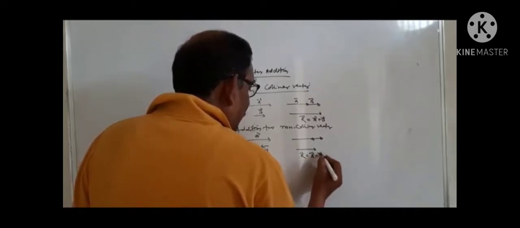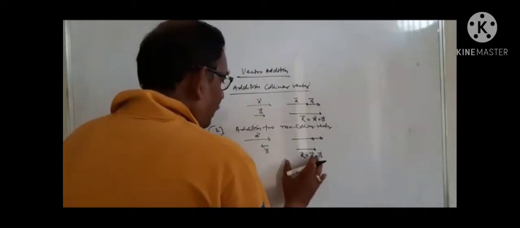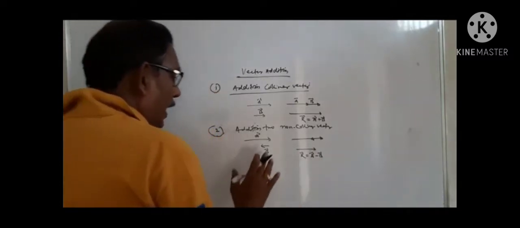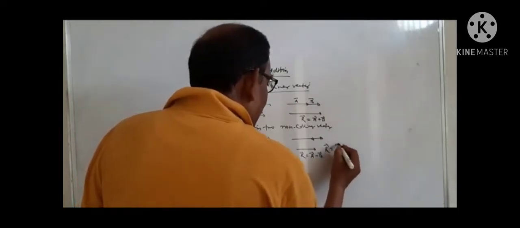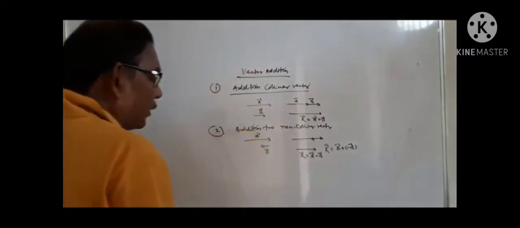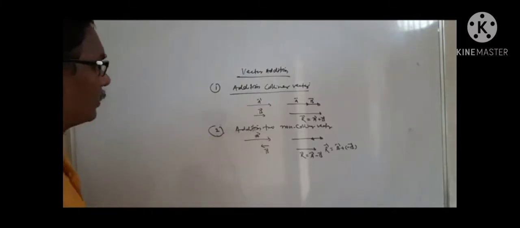So this is your R equal to A minus B. You subtract, R equal to A minus B. Actually, you have to add this one. In this way, R is equal to A minus B, because the direction is opposite. So in this way, find the addition of collinear and non-collinear vectors.